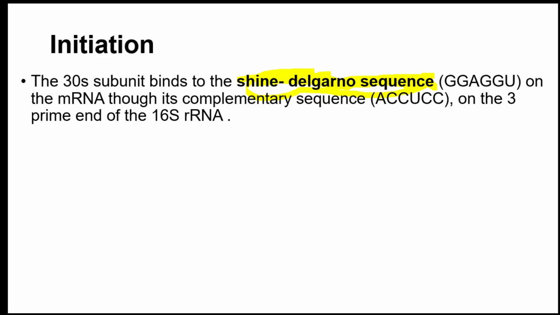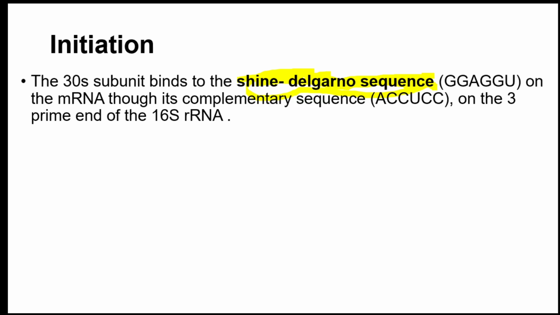It binds because the 16S rRNA contains a complementary sequence, ACCUCC. This is written backwards because, as you know, A binds to U. So it binds to that.